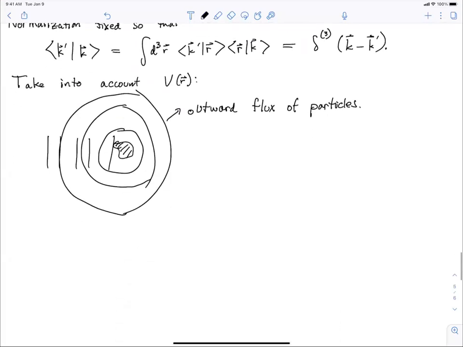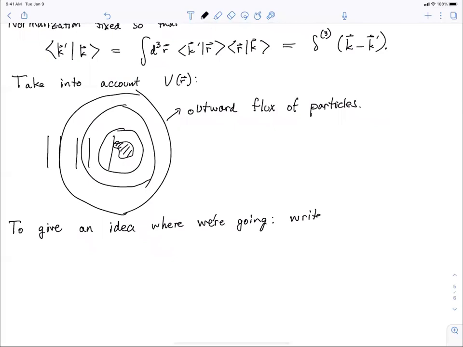So rather than do that, let me just give an idea of where we're going. I'm going to write down a formula without justifying it. And then we will work hard to prove that the formula I'm writing down is actually true. Let's write the form of the answer in advance.